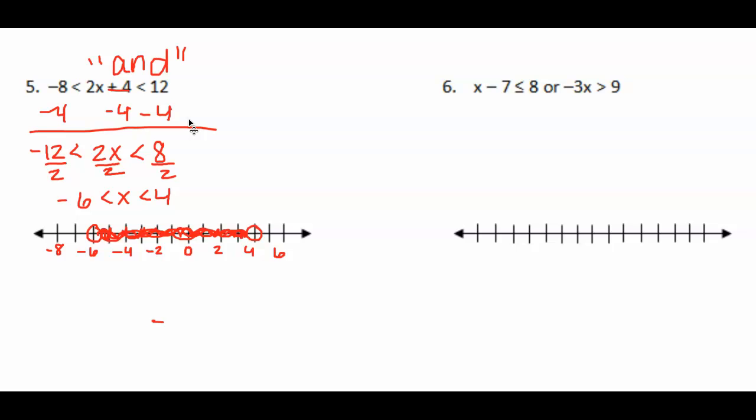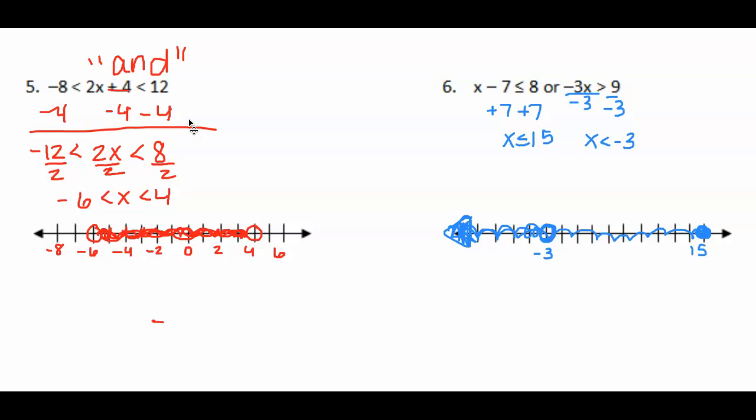In 6, it's an OR, so we're just going to solve for x. Now, 15 is a closed circle and shade left. x less than negative 3 would be over here, and it would be an open circle shade left.